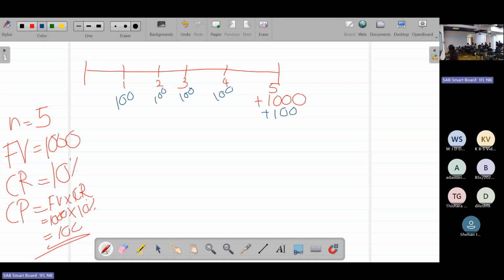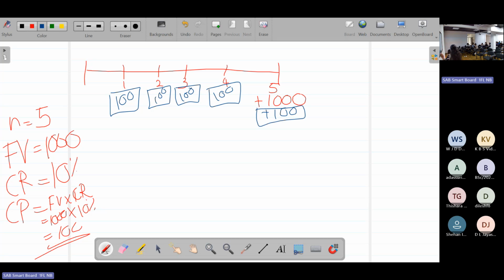So this 100 becomes the annuity. Therefore, value of the bond equals two components.